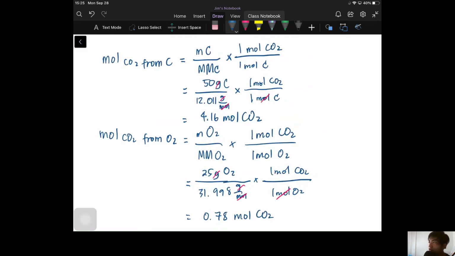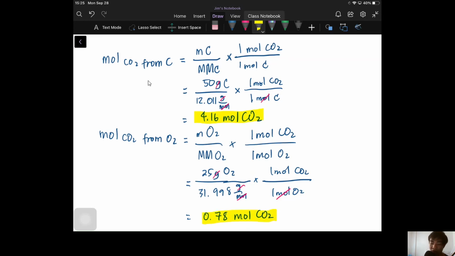So, from the amount of your carbon na meron ka, you can produce up to 4.16 moles of CO2. Dami, no? However, with the amount of oxygen present, yung 25 grams na yun, you can only produce 0.78 moles of CO2. Okay? Highlight natin.